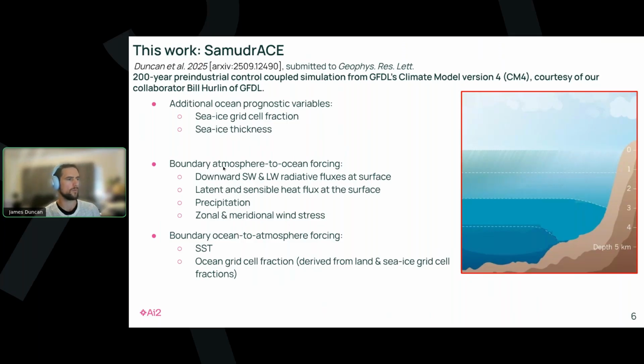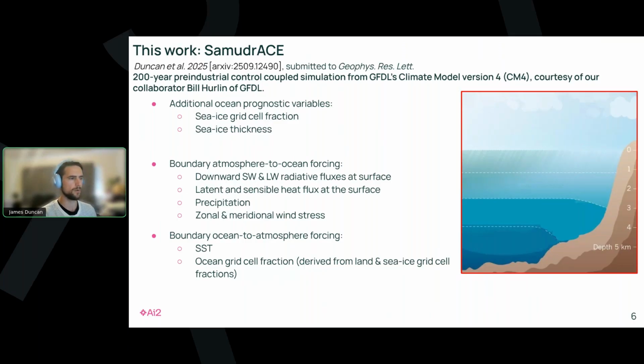And then we also modified how exactly we're forcing Samudra by, rather than taking the net heat flux into the ocean, we separate out each of those fields because those are already diagnostic outputs from ACE, and we'll just pass each of those separately as inputs to Samudra.